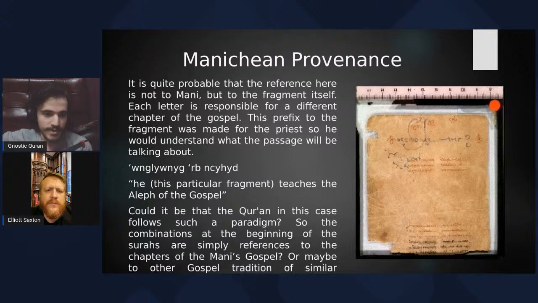If it refers to the chapter Aleph in that sense, he would be familiar with the Gospel of Mani, and he would understand, oh well, this fragment will talk about what is in the first chapter of the Gospel of Mani, which is at least demarcated by this Syriac Aleph.